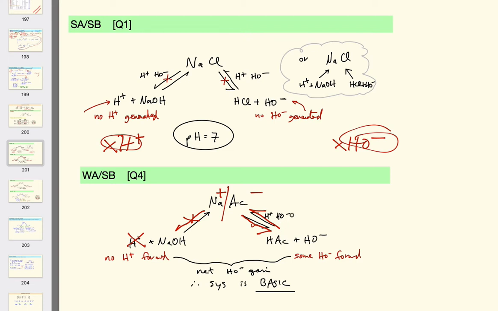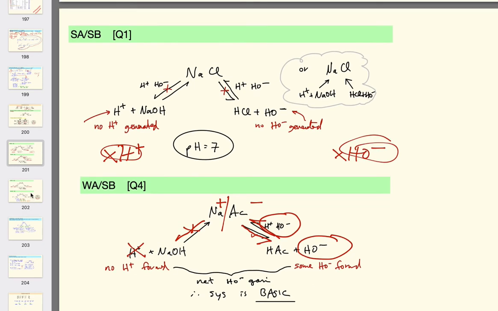But if it gets the H from water, guess what else it generates? An HO minus. So no H+ is generated here, but a hydroxide is generated from this species. So there's a net gain in OH minus, and it winds up being basic.